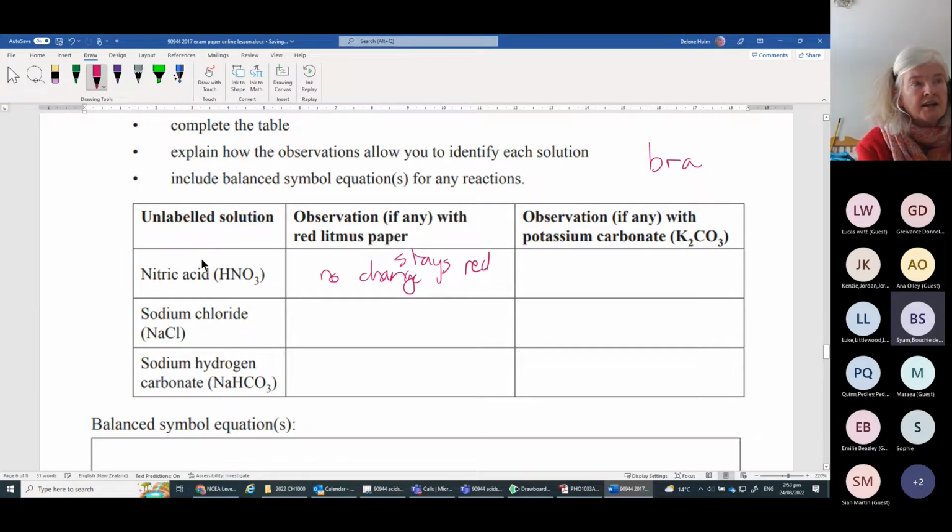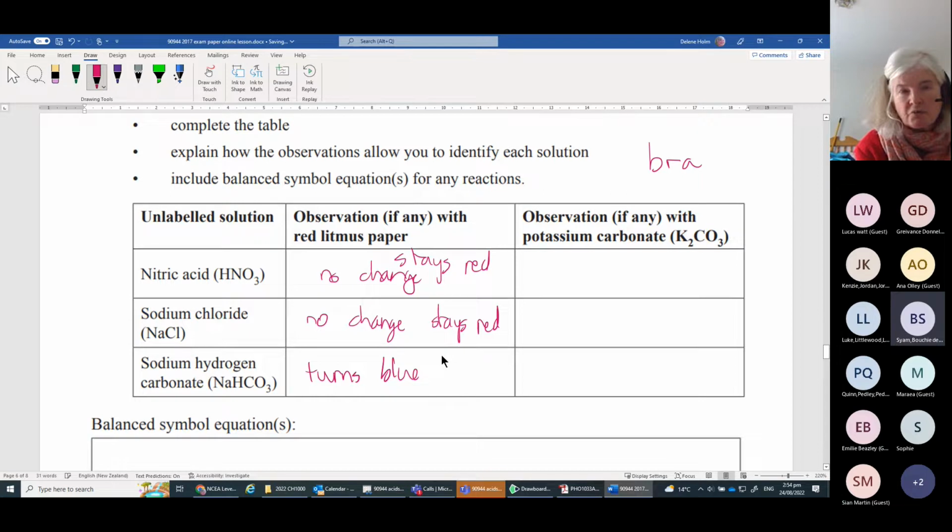But if I put it into here, again I'm going to get no change because it's neutral, so stays red. And this one, because it's basic, will change and turns blue. So give detail here. You could say red, red, blue, but it's not really a good look. Say it turns blue or it stays red.